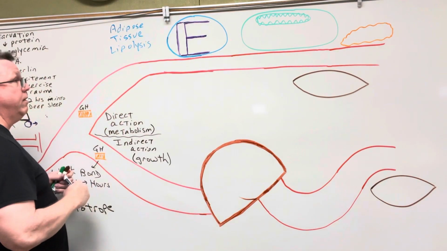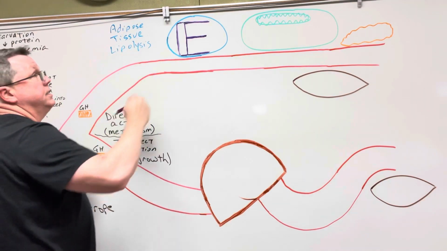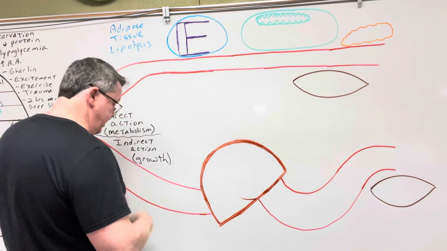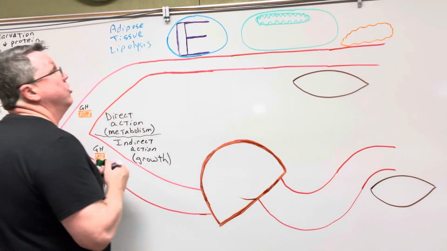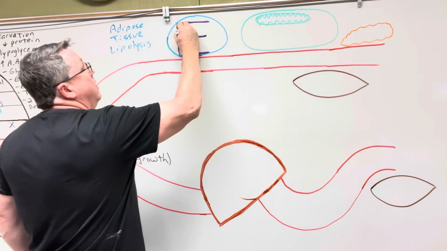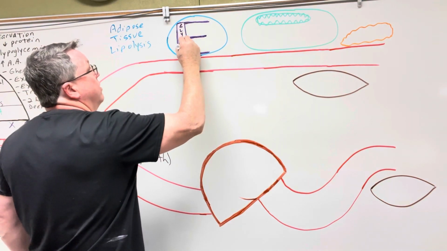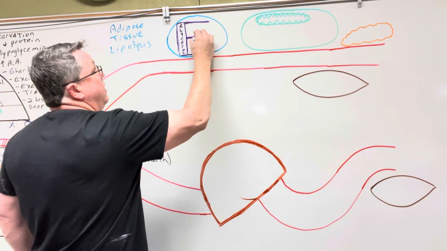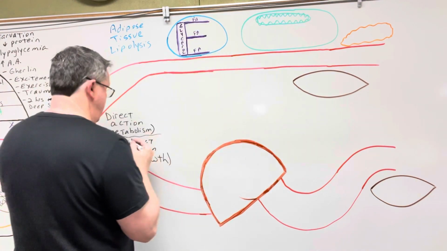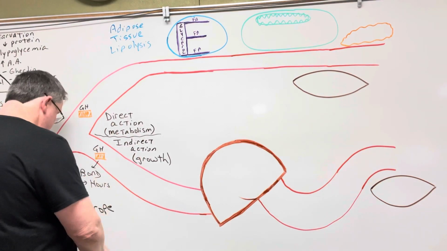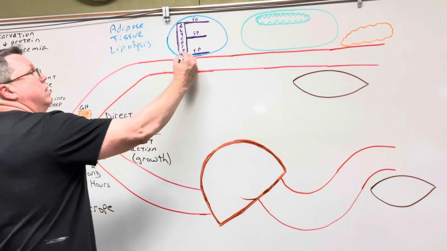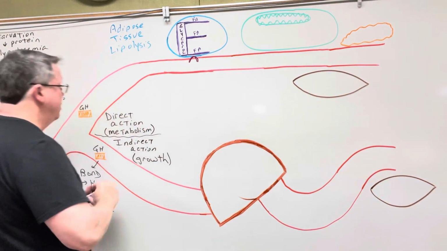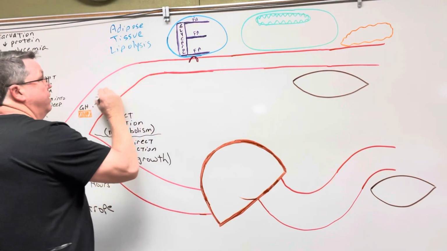All right, so here comes my growth hormone, and this here is basically an adipose cell. This is triglycerides in the middle. So this is a triglyceride, and if you recall, triglycerides are basically 3 fatty acids attached to a glycerol molecule. Now my growth hormone is going to come up here and attach to a receptor on this cell.